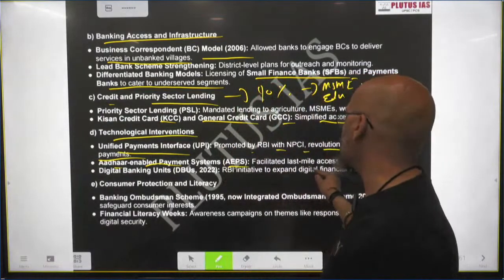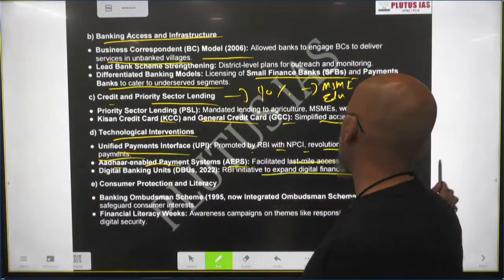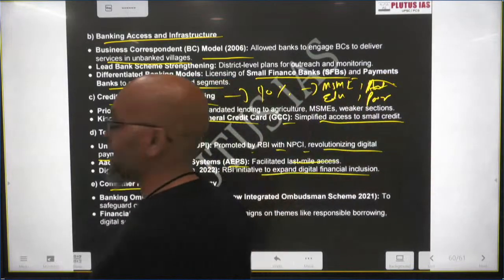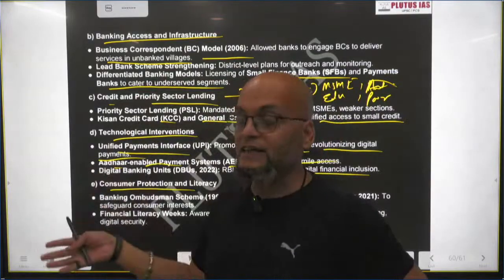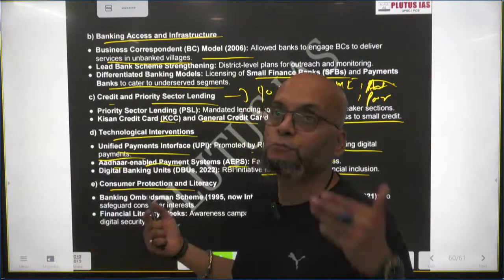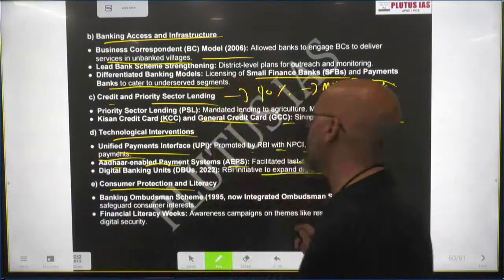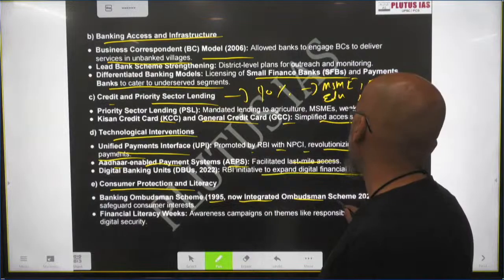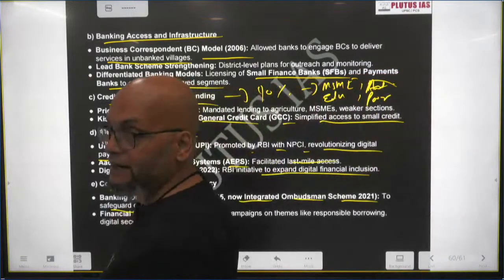Facilitated last mile access: Digital Banking Units, RBI initiatives to expand digital financial inclusion. Consumer protection and literacy. Even today, messages come from RBI that such things are fraud. Your bank will never ask for these things. What is this? To prevent you from scams. Banking Ombudsman Scheme 1995, now the Integrated Ombudsman Scheme 2021, to safeguard consumer interest.